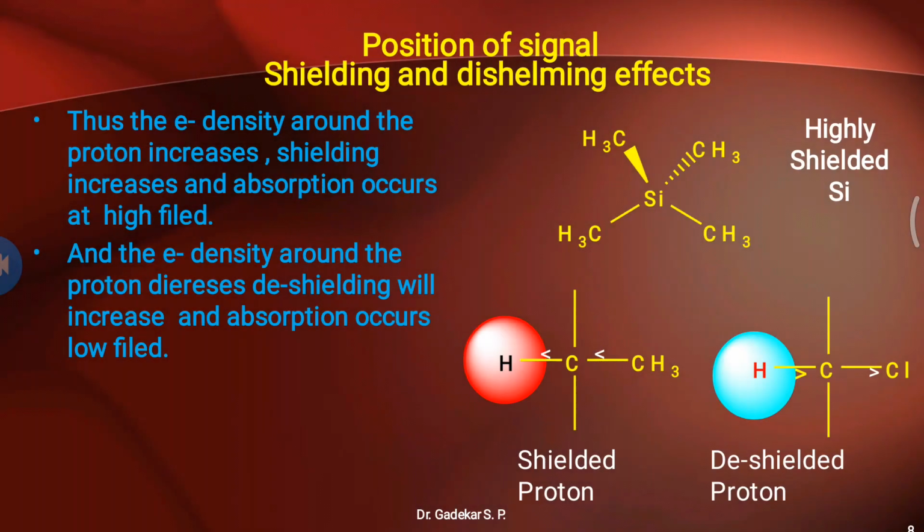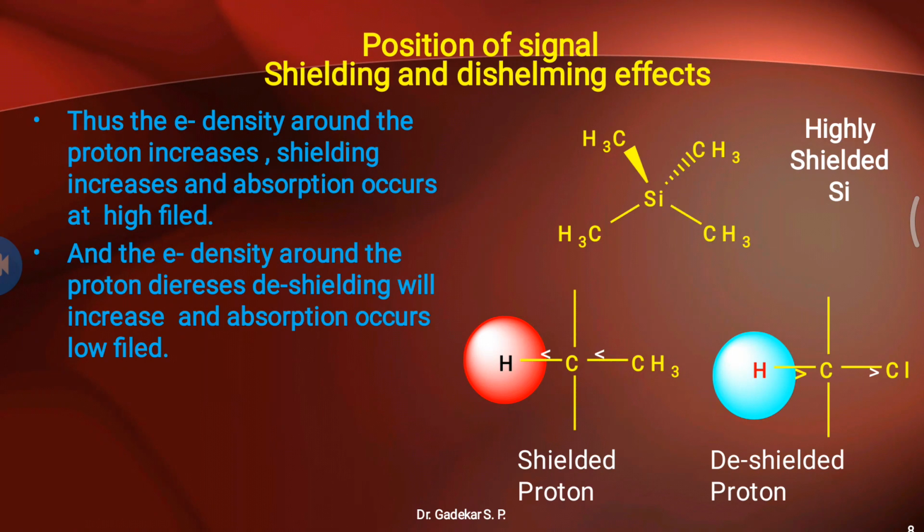Here is another example, tetramethylsilane. In tetramethylsilane, 4 methyl groups are present on the silicon atom. These 4 methyl groups make it highly shielded.